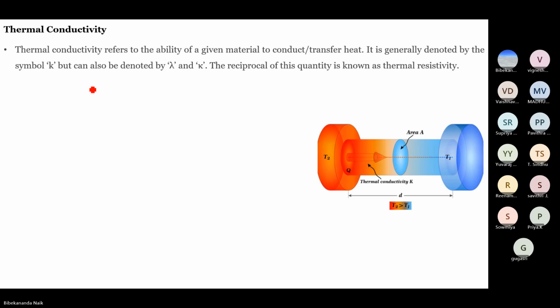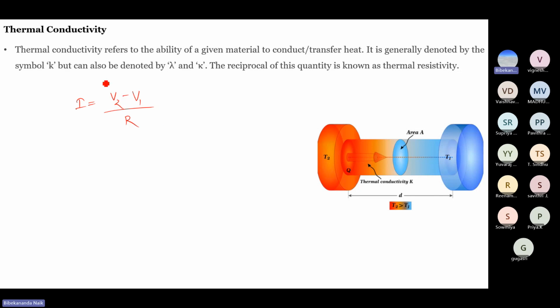Also there is electrical conductivity. Electrical conductivity is very similar to thermal conductivity in nature. In the case of electrical conductivity, current I flows due to a voltage difference across a resistance.